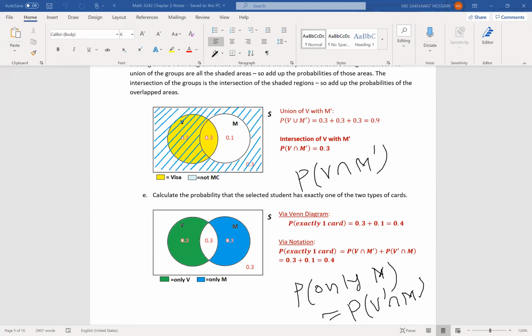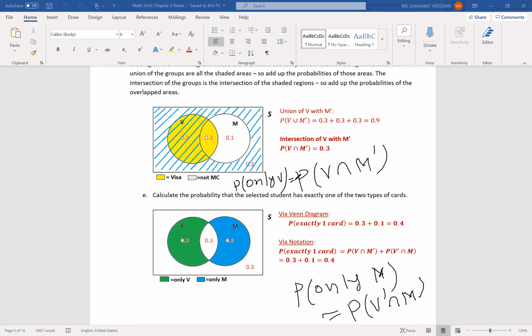So only V means the probability of only V. The student has only Visa card means probability of V intersection M complement. That means the student has a Visa card but doesn't have MasterCard. Similarly, only MasterCard means the student has MasterCard but doesn't have a Visa card. That means the probability of V complement intersection M.